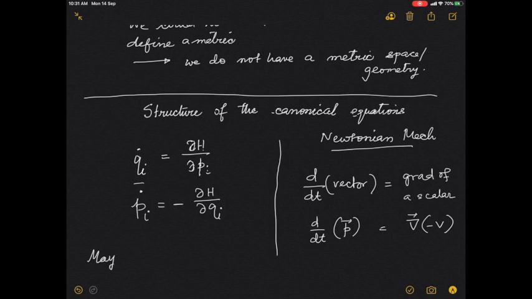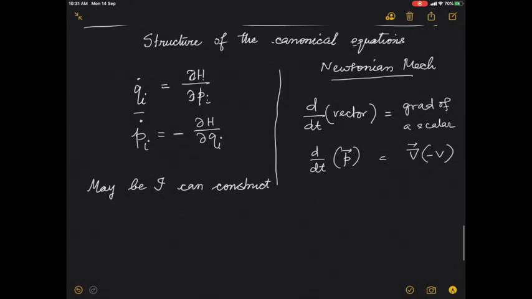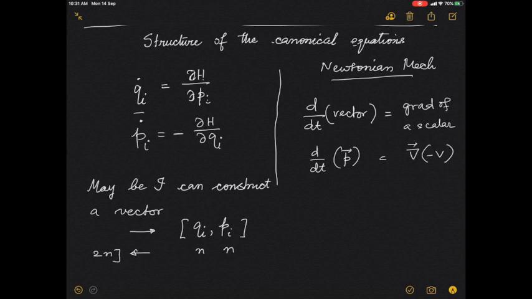So maybe I can construct a vector. What vector do I construct? I construct a vector which is like this. So this is not the Poisson bracket. I have n components here, and n components here.